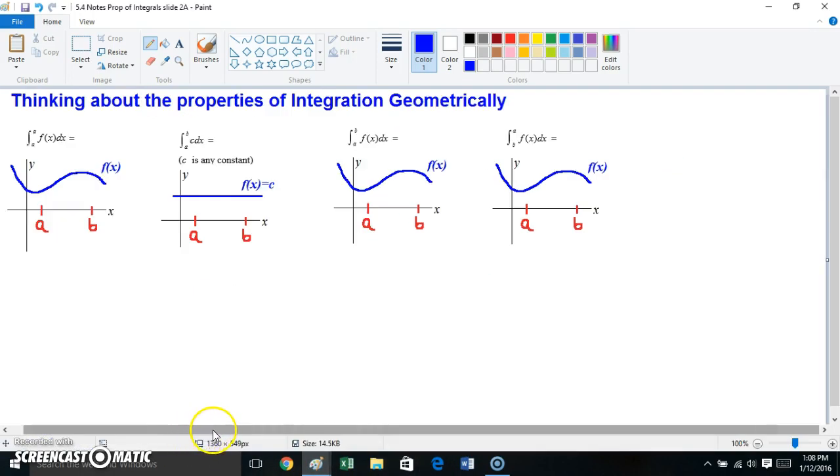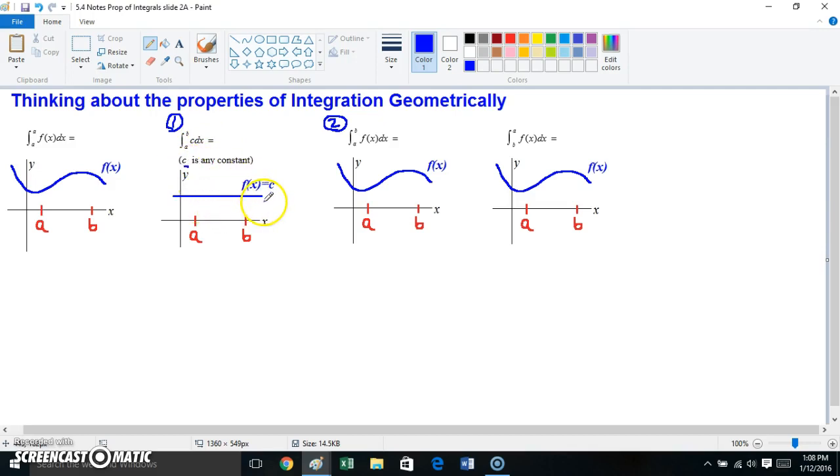Okay, we're going to look at the properties of integration geometrically. So just what they mean. I'm going to take a look at this one first and this one second, because we've kind of looked at these already. So this question says, what is the integral from a to b of c times dx, where c is any constant?